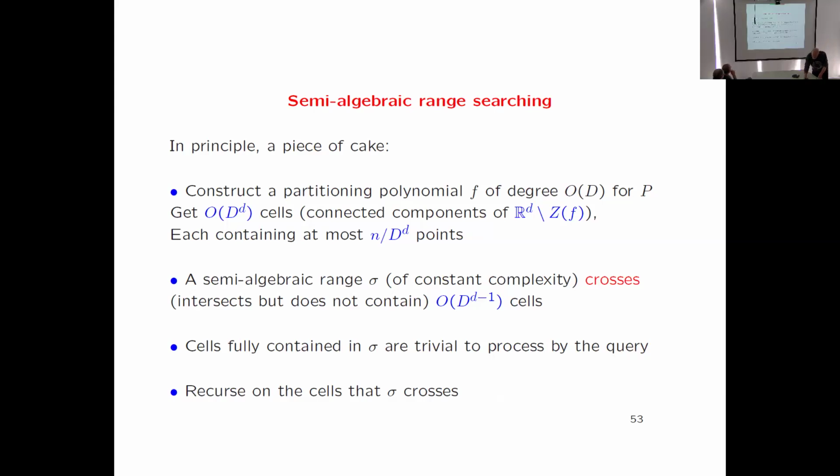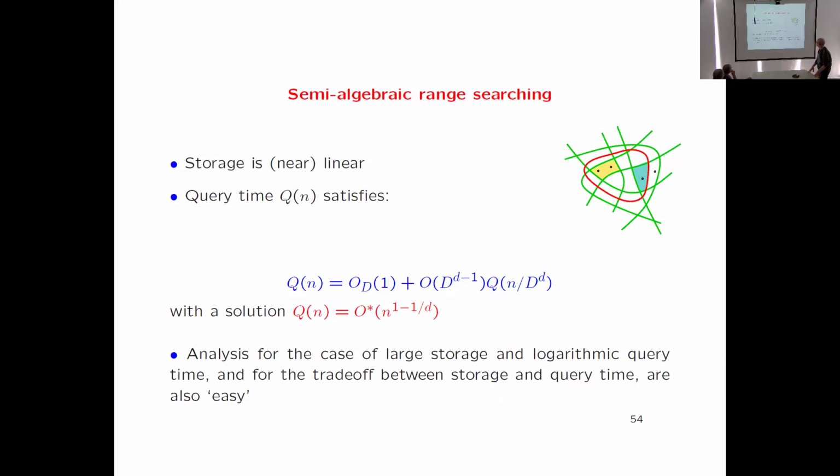And then you make the observation on this figure that the green is the zero set and the red is your range. Now, the range either fully contains cells of the decomposition. This is good because you ask how many points lie in the range, you take all the points in the cell and add them to the count. But if the range crosses a cell, containing only some of its points, then you have to do something, and you do it recursively. So recurse on such cells.